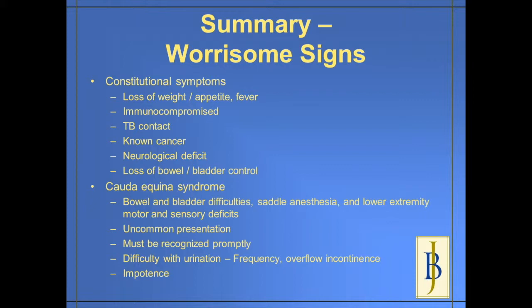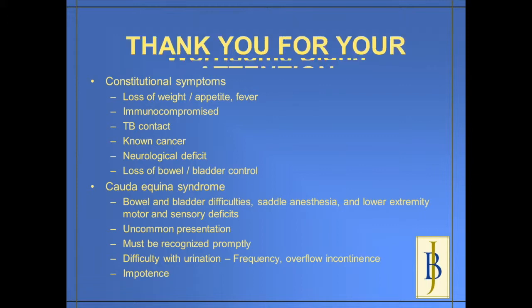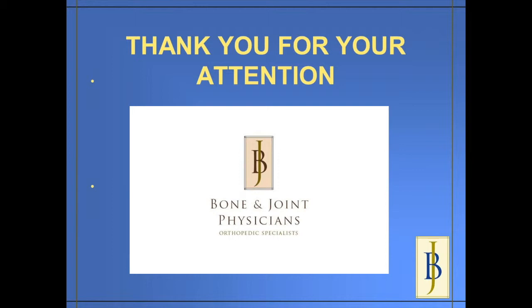Patients that are able to control their bowel and bladder all of a sudden start having accidents, whereas before they never did, is something that should be evaluated very urgently. And then cauda equina syndrome that we talked about before, when you have saddle anesthesia, motor and sensory deficits in your legs, difficulty urination. It's very uncommon, but something that should be recognized very promptly as well.